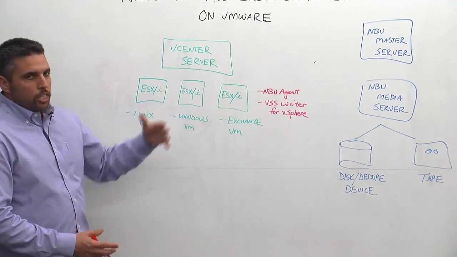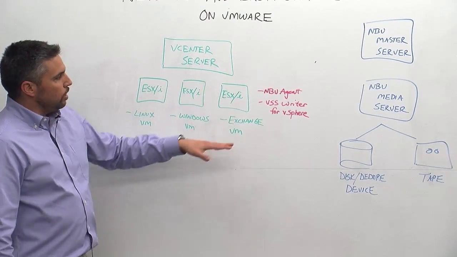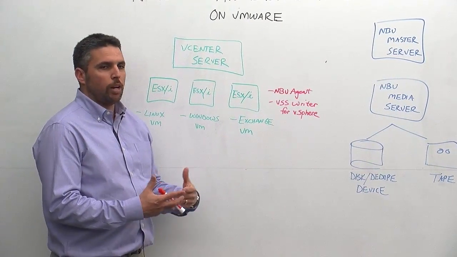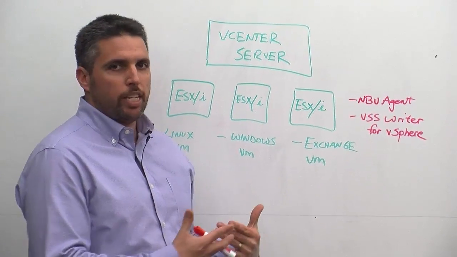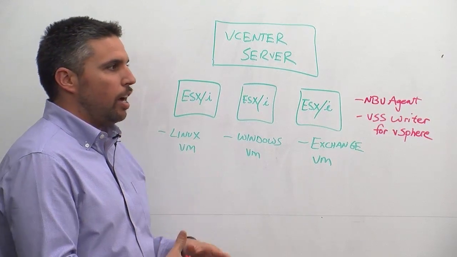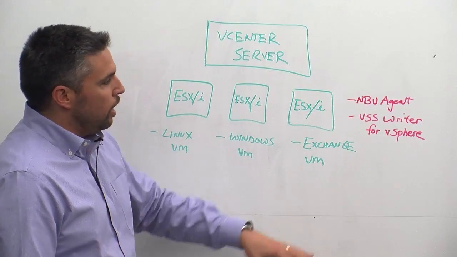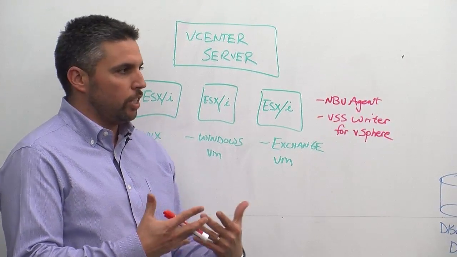When we're talking about protection of Exchange inside VMware, there's a NetBackup agent that gets installed, and as part of that agent, there's a VSS writer for vSphere. That ensures that the application quiescing, or application consistency, in this case Exchange, that application is protected. We'll talk about what's called application GRT, or granular restore technology.